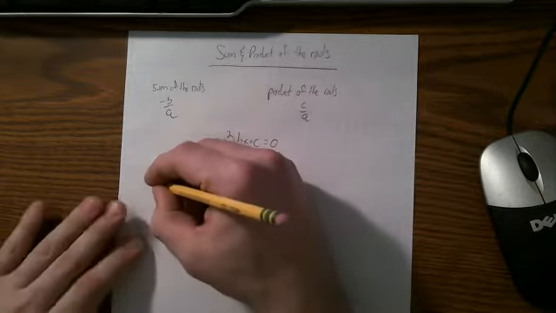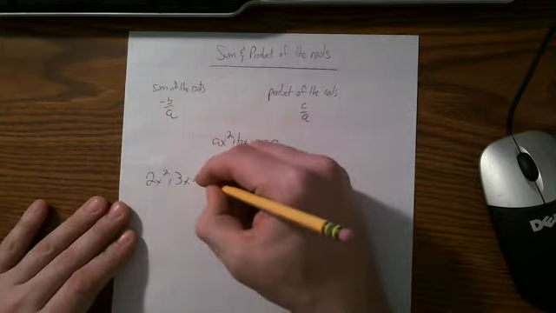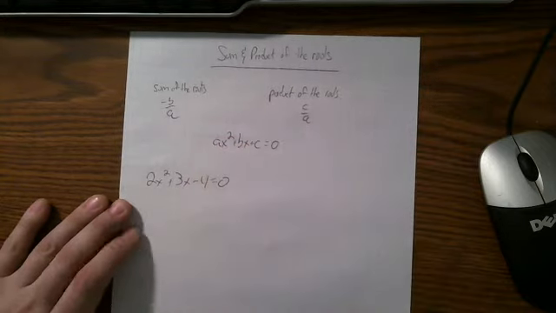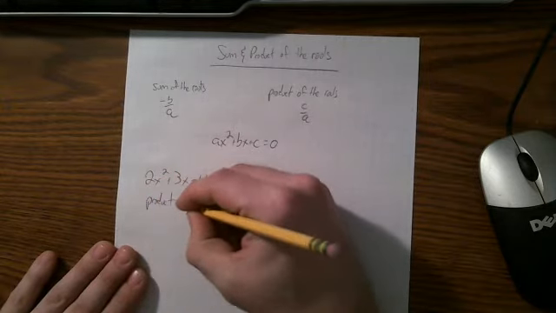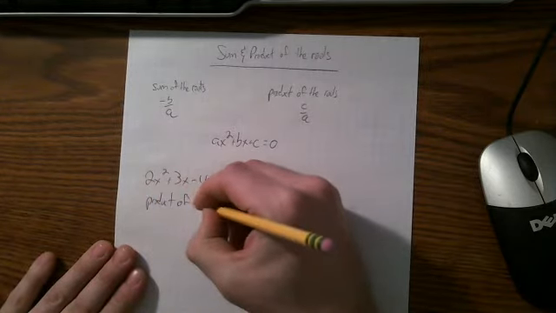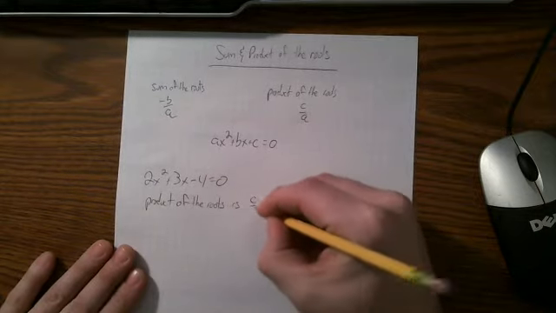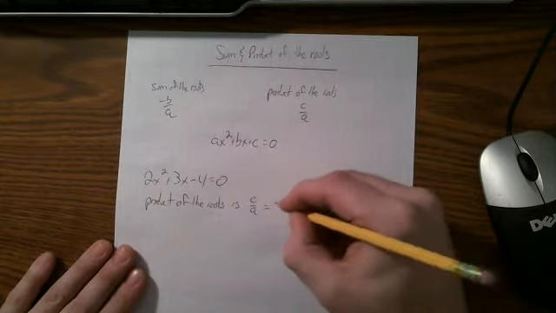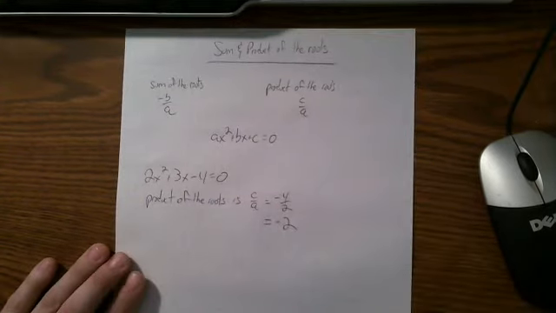So if we had a quadratic expressed by 2x squared plus 3x minus 4 equals 0, well, that means the product of the roots is c over a, which is negative 4 over 2, which is negative 2.